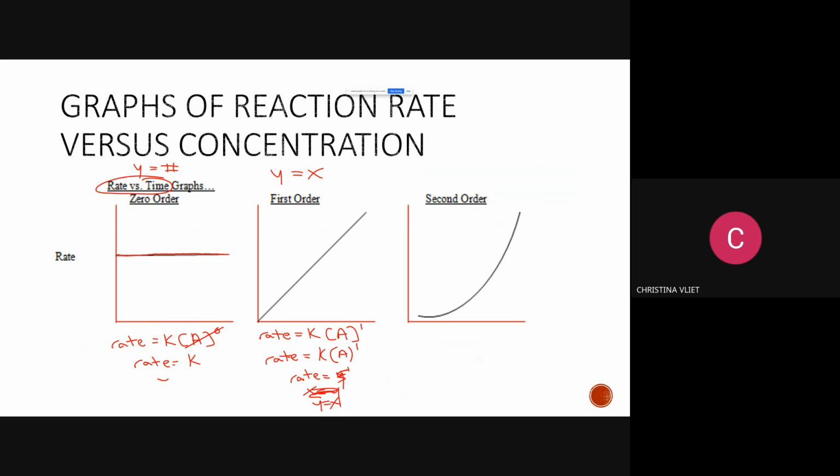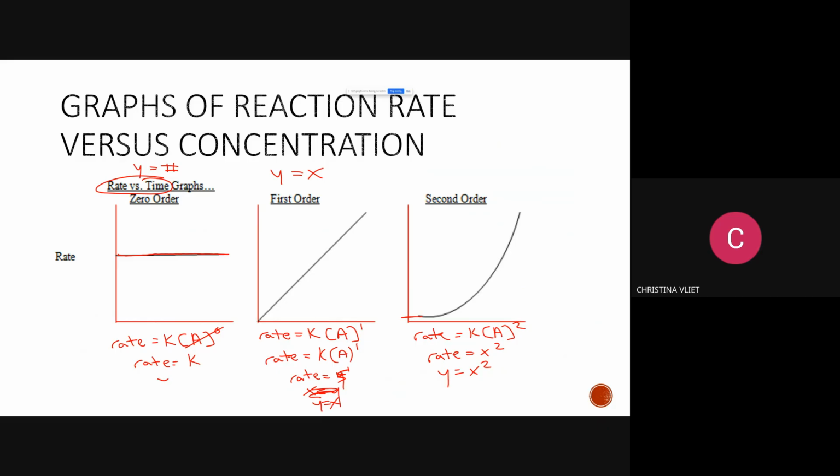And then what about second order? What's happening here? This is actually half of a parabola. So this is the graph of what? This is y equals x squared, just to give you the idea, where we only use the positive values, not the negative values. So far, looking so good.